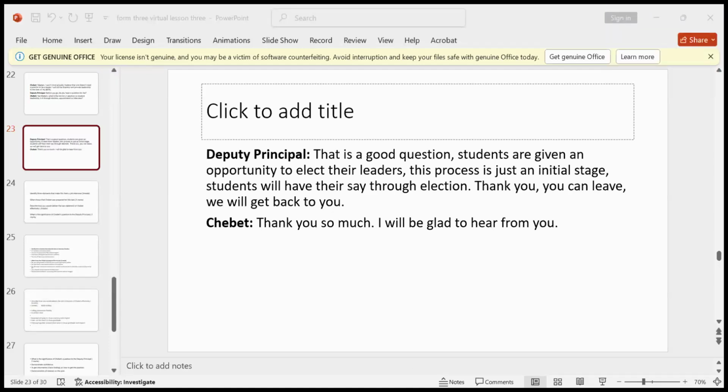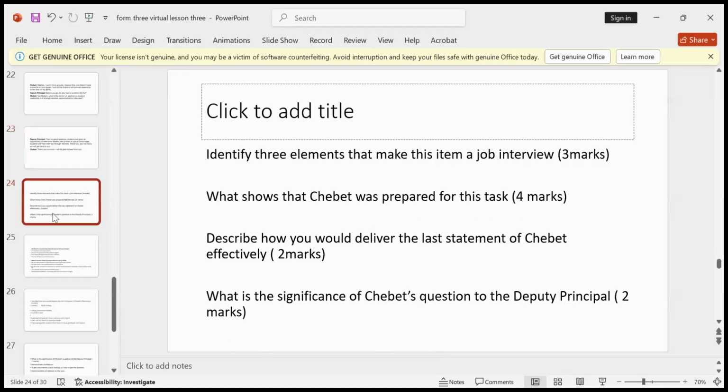Yes, you can begin. There is time management. Yes? There's time management in an interview? Yes. What makes you say there's time management?